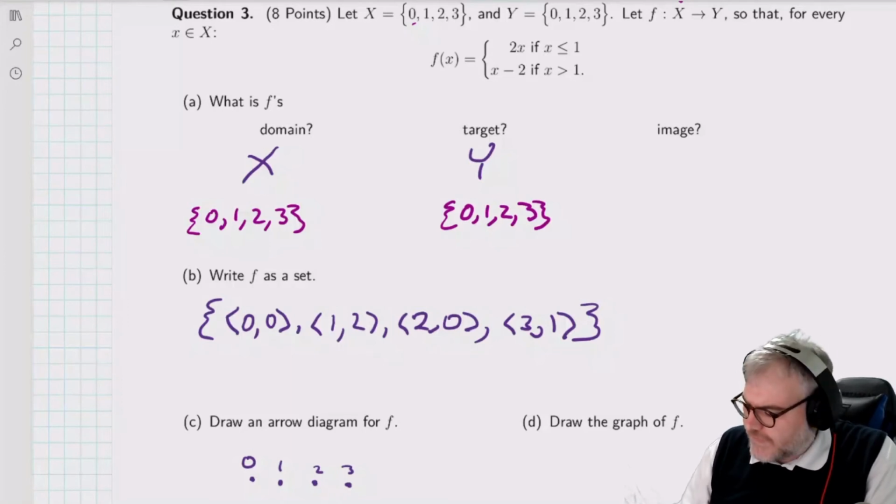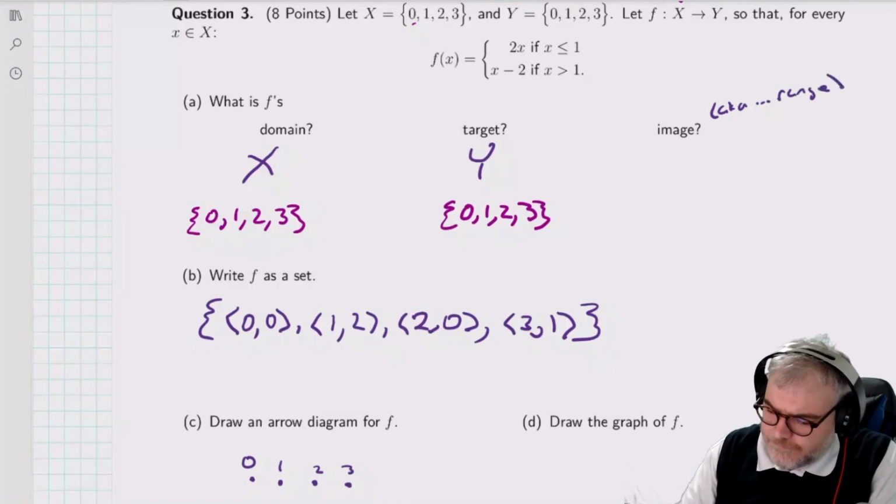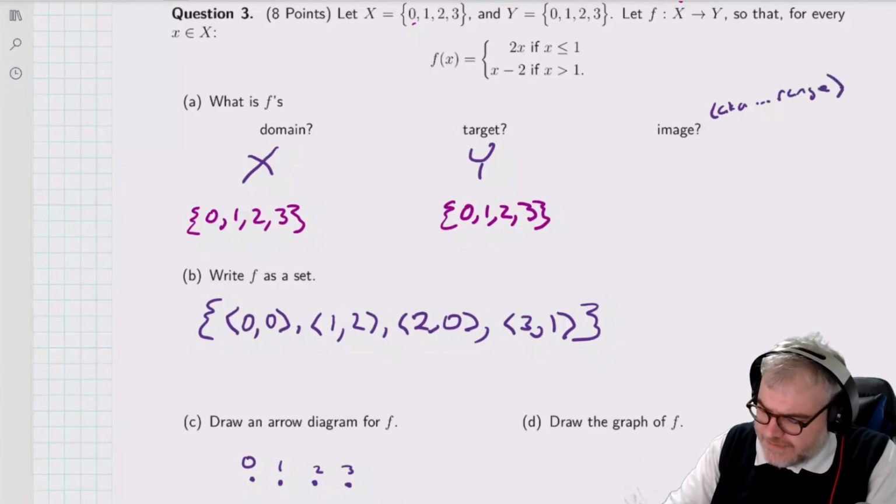So now we have the set. Let's do the image. The image is the Y values I actually hit, aka the range. What did I actually hit? 0, 2, 0, 1.